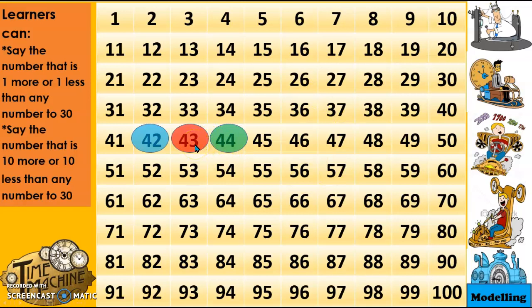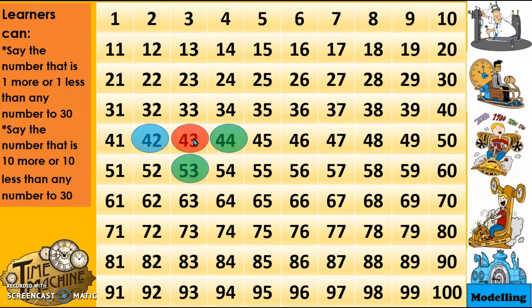What is 10 more than 43? More means counting on. It means from 43, you have to count 10. Let's count. 1, 2, 3, 4, 5, 6, 7, 8, 9, and 10. 10 more than 43 is 53.